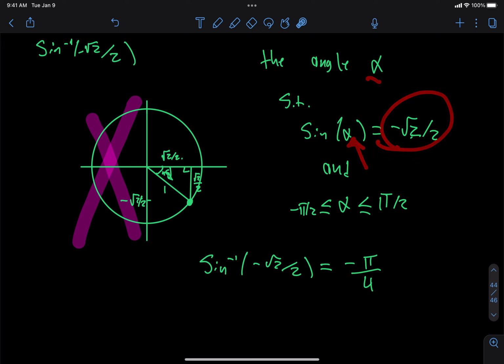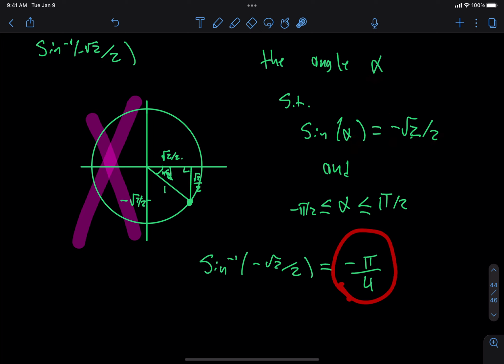Except we always express angles in radian measure when we're doing inverse trig. So negative pi over 4, that's the angle which we need to put in here in order to achieve a point on the right half of the unit circle whose height is negative square root 2 over 2. Any questions on that example?